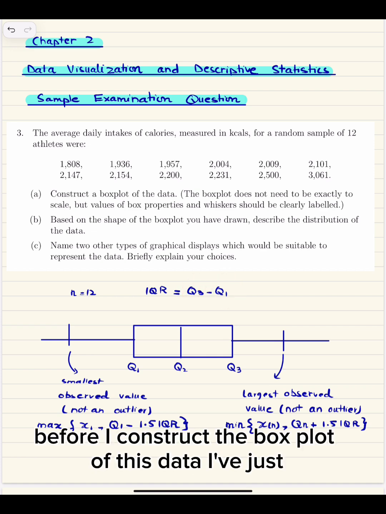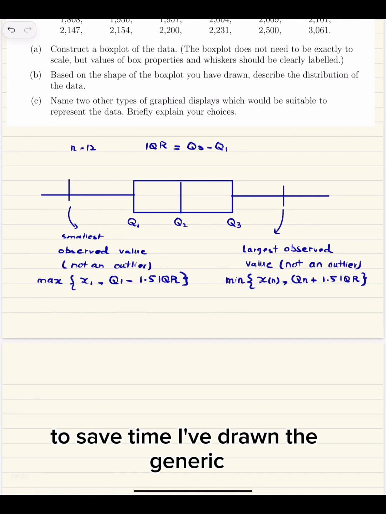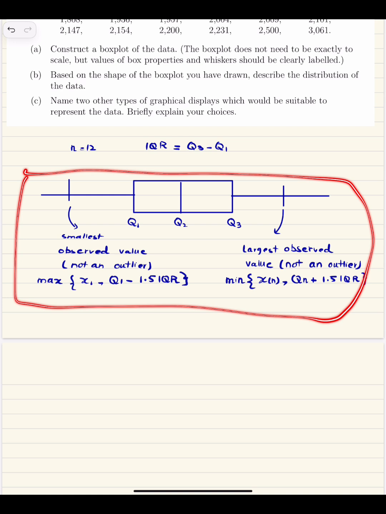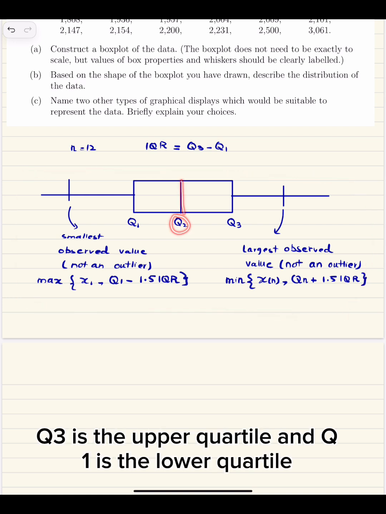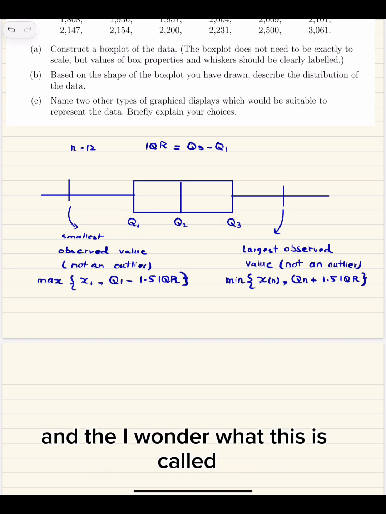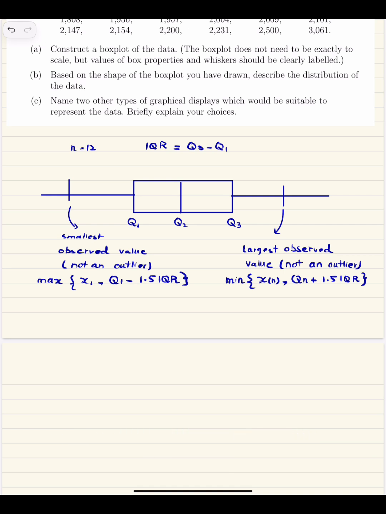Before I construct the box plot of this data, to save time, I've drawn the generic box plot where Q2 is the median, Q3 is the upper quartile, and Q1 is the lower quartile. The end lines are basically the smallest observed value, which is not an outlier.